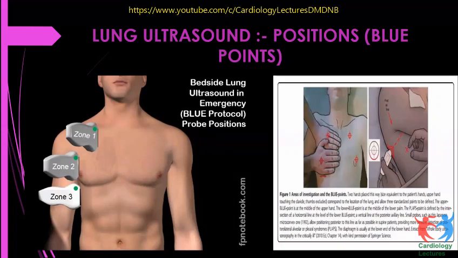So draw a posterior axillary line and draw a perpendicular line from the second BLUE point, which gives you the posterolateral basal PLAPS point, posterolateral alveolar and pleural syndrome point.